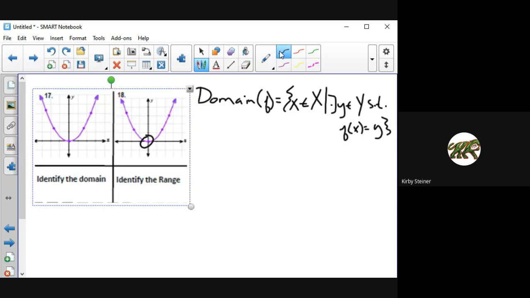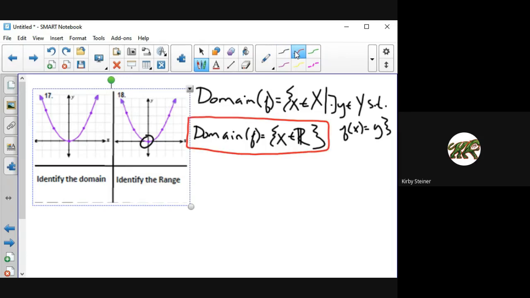We said our domain is going to be unrestricted, so we write that as domain of f is going to equal x's in the real numbers. There's our answer for domain. All right, so we have an unrestricted domain. All real numbers are going to be in the domain.